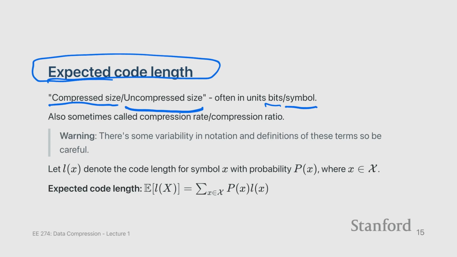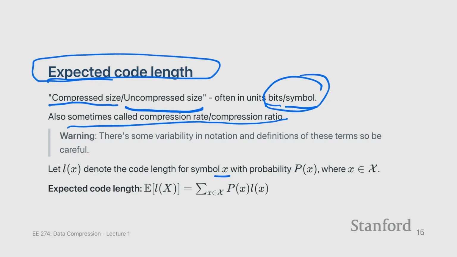Sometimes it is called compression rate, sometimes compression ratio. Sometimes people use compression ratio to mean the reciprocal of this quantity. So lots of confusion. Don't worry too much about it. Whenever we give you a homework or a quiz problem, we will clarify what we mean exactly. But really what it means is the bits per symbol: how many bits you are spending per input symbol.